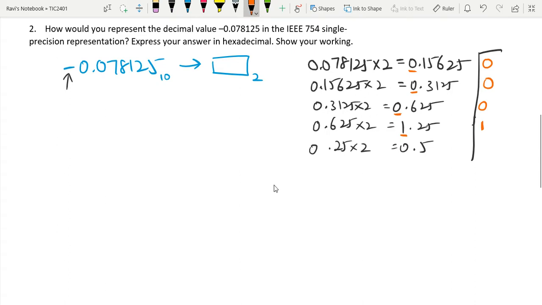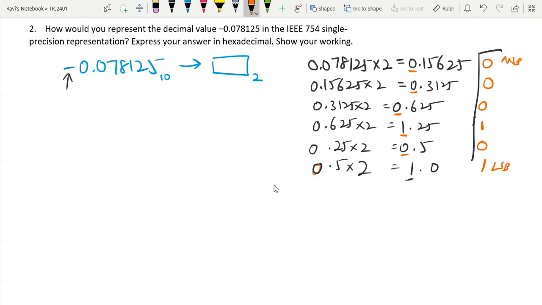So the 0 is here, and 0.5 times 2, I get 1.0. So it's 1. So the last ending is 1. So the first integer part that we got is your most significant bit, and this is your least significant bit.